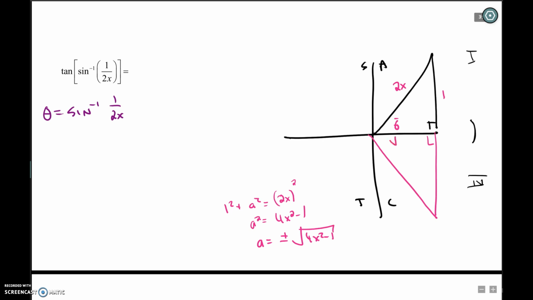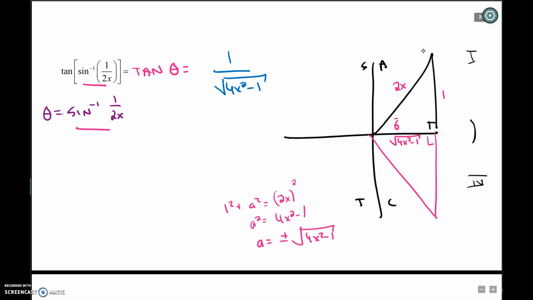So this is the square root of 4x squared minus 1. I need to take the tangent of this. That is the tangent of theta. So the tangent of theta is 1 over the square root of 4x squared minus 1.